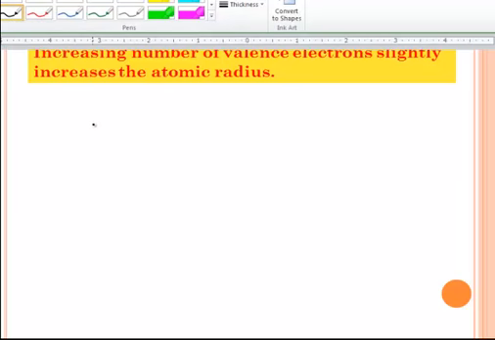If we have a positively charged nucleus, in this case +6, and now you have 2 principal energy levels, you have 2 on the inner one and 4 on the outermost valence shell. So this is what we'll call the valence shell.